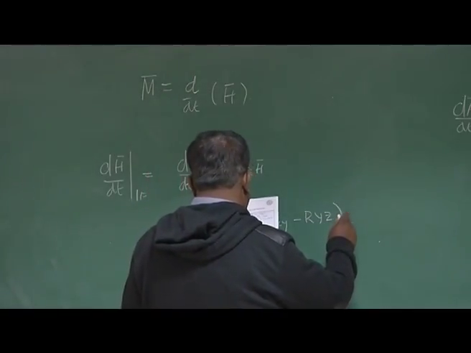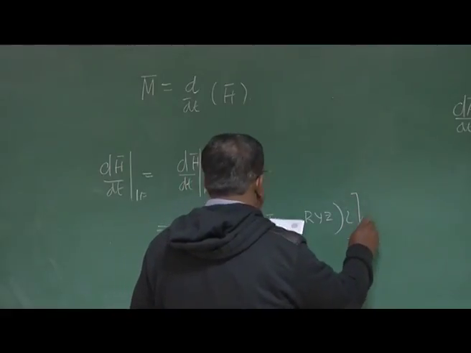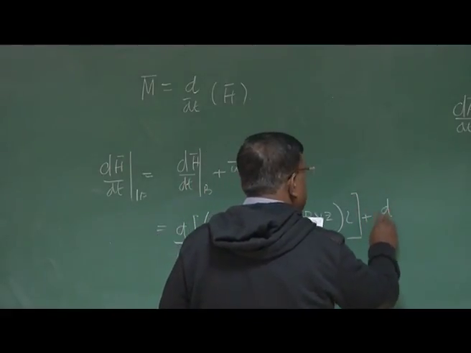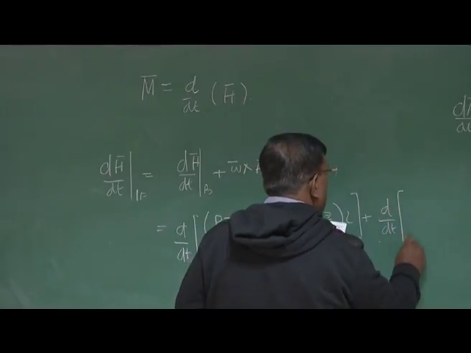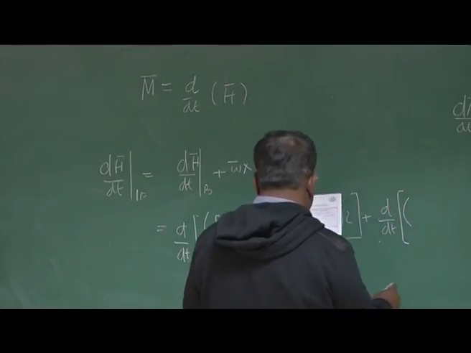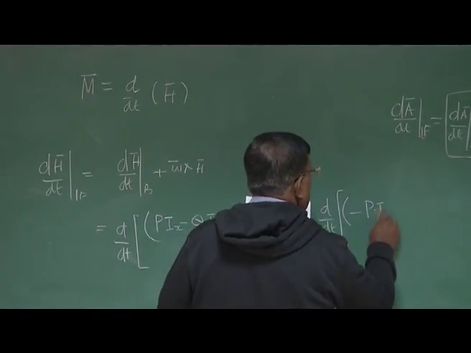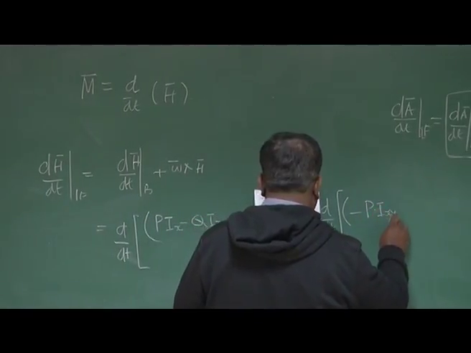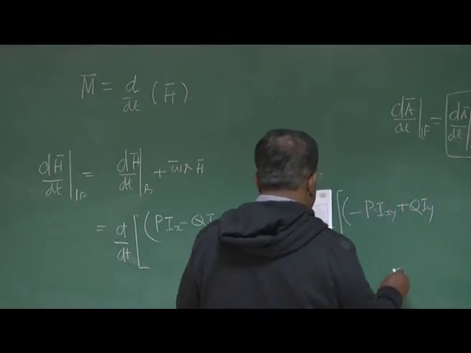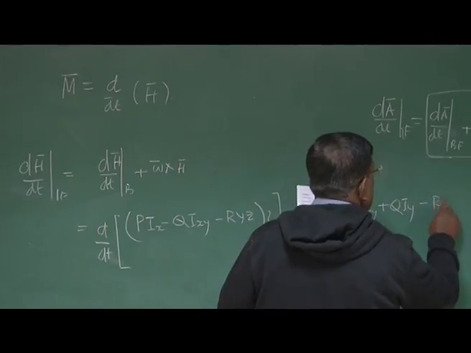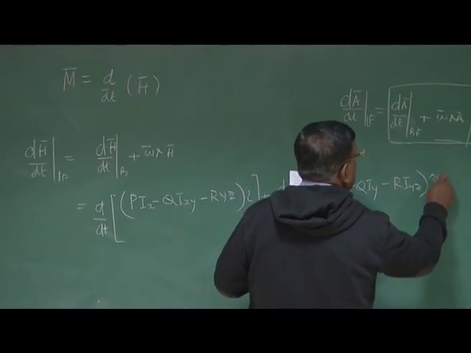This is the first term, and the second term will be d by dt of minus p Ixy plus q Iy minus r Iyz times j prime.